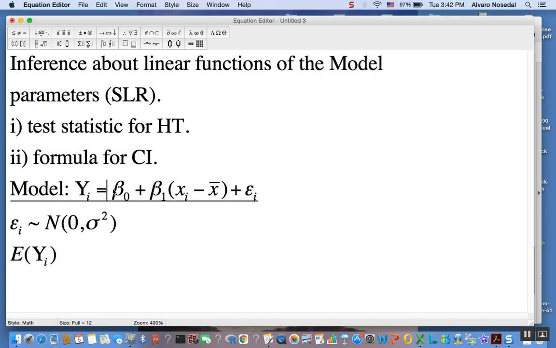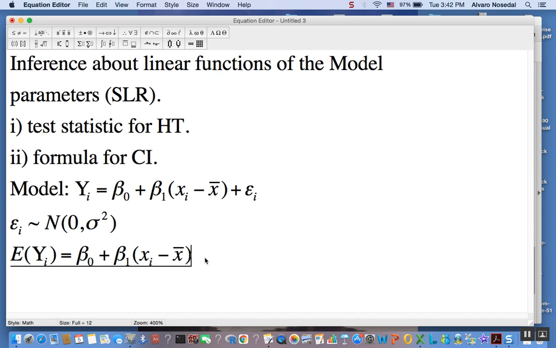So that's basically an assumption that the mean of our response variable y is well represented by a linear function.